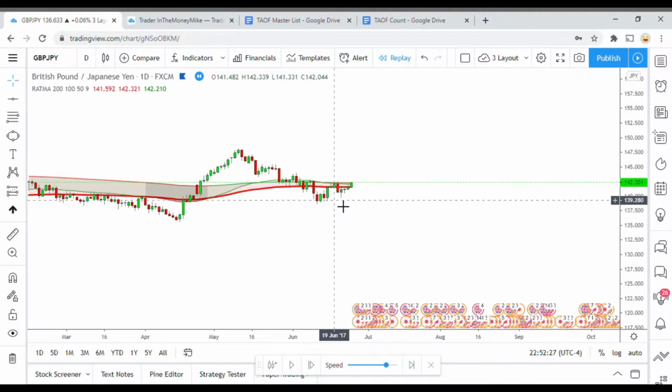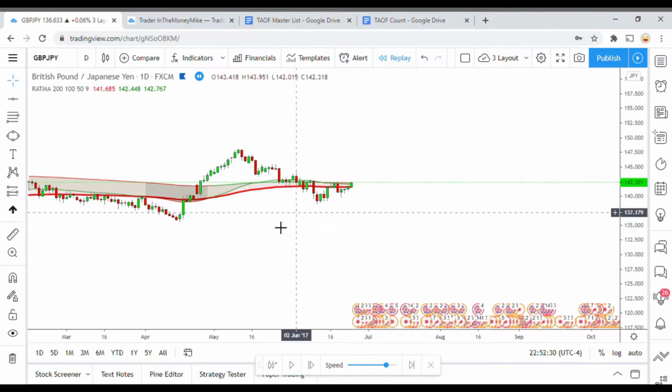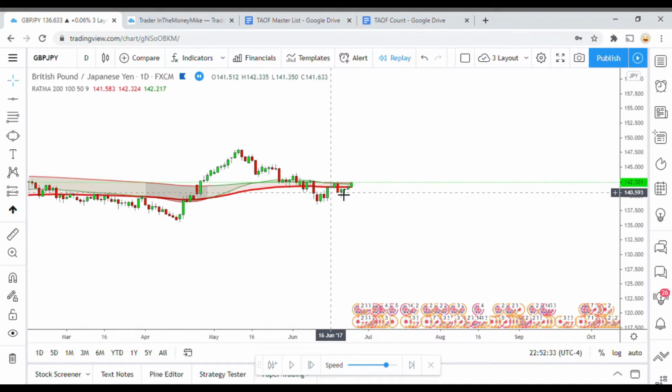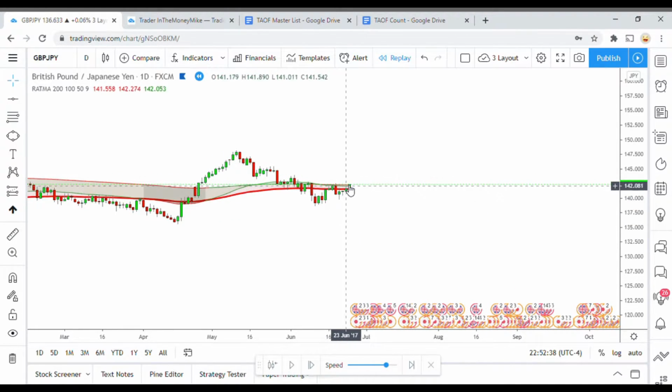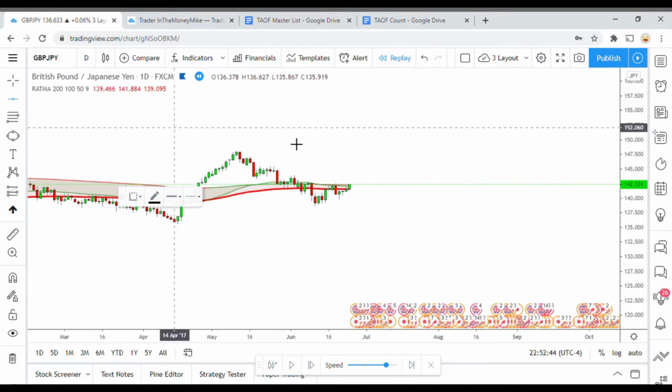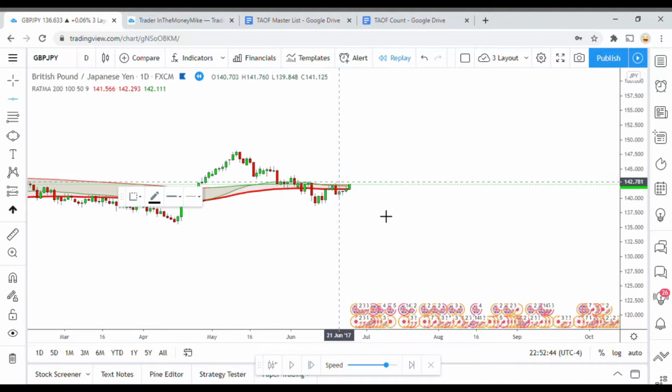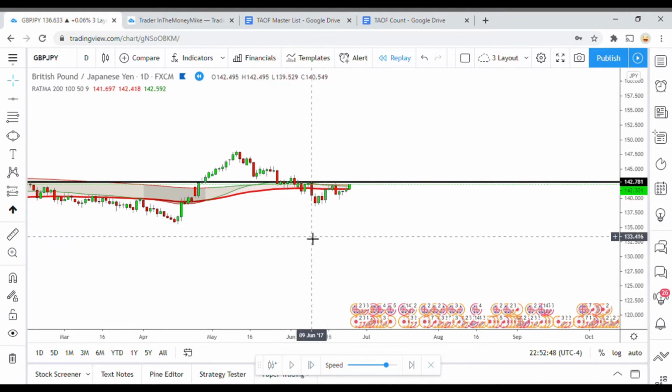Price action came down, tried to develop a new lower low, but failed and is now starting to push off of this. And so we see this kind of head and shoulders pattern quite often, and this is usually followed by a burst to the upside once we get a break of right in this area.